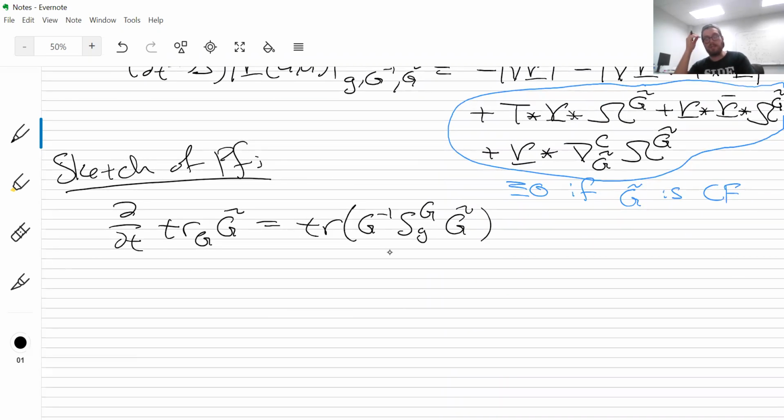Or I'm sorry, the G's are symmetric two tensors, right? So this is two down indices, this is an up and a down, and this is two up indices. So this composition ends up being an endomorphism, so we can still take a natural trace.